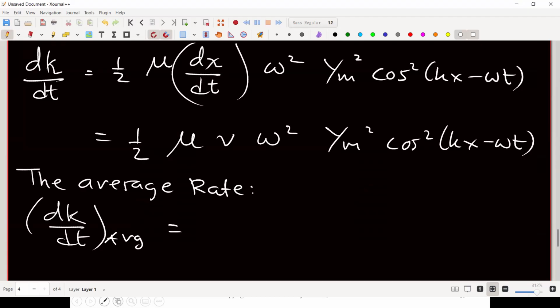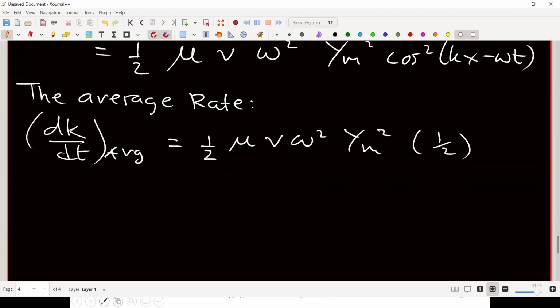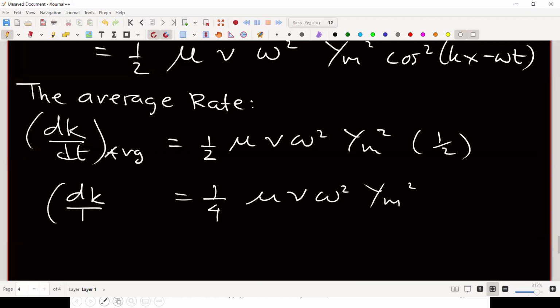So this one is half mu phi omega square ym square times half. So it becomes 1 divided by 4 mu phi omega square ym square. This one is the dK/dt average.